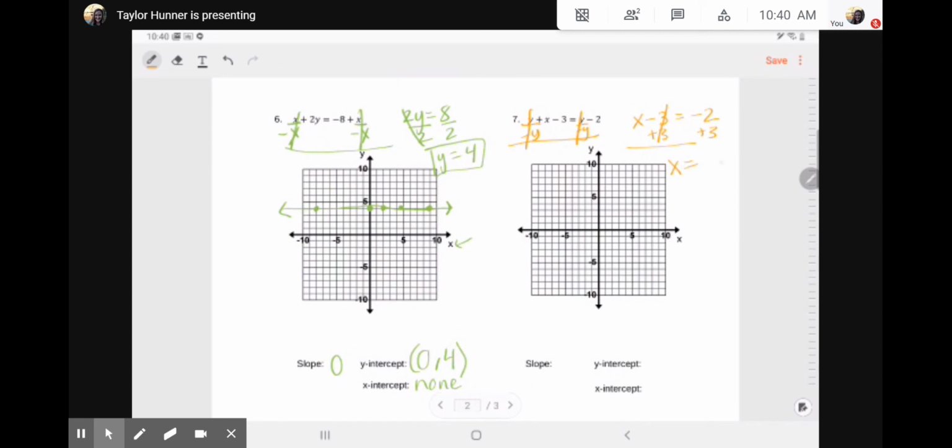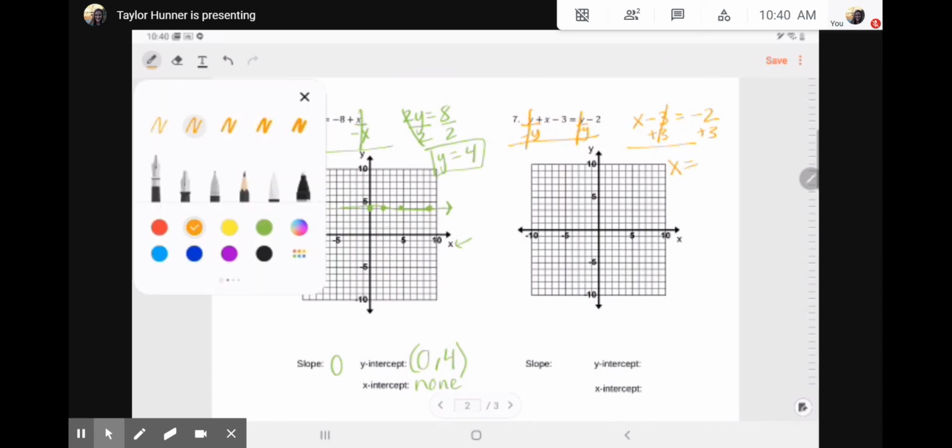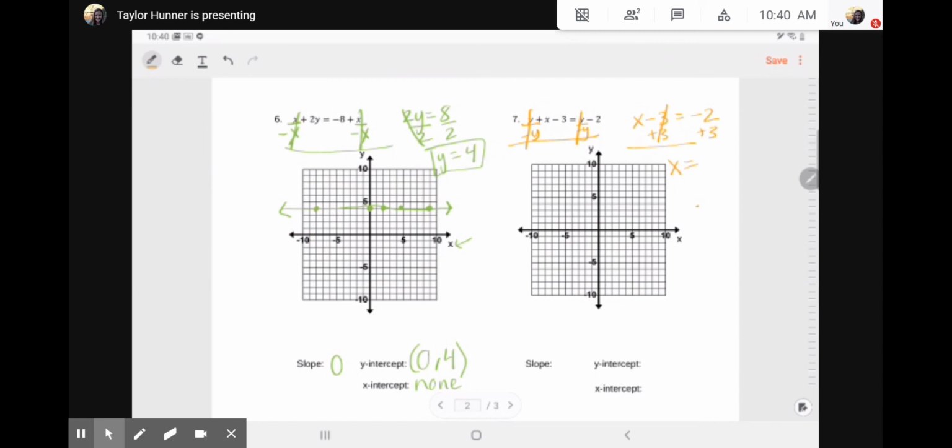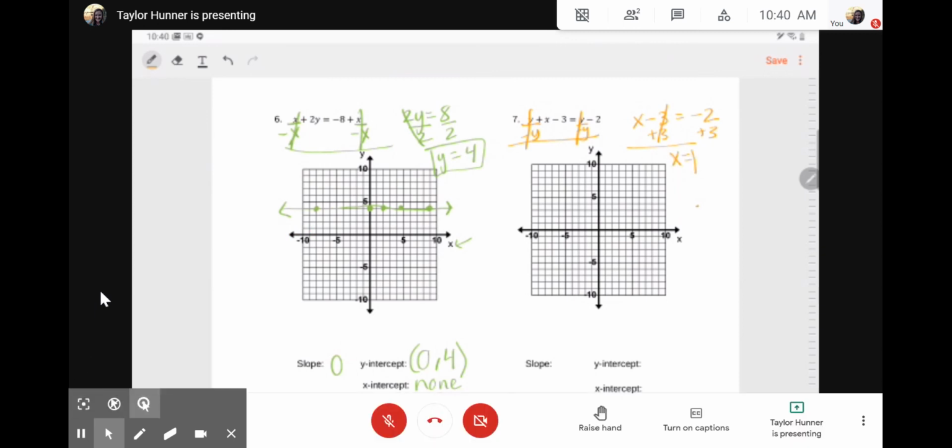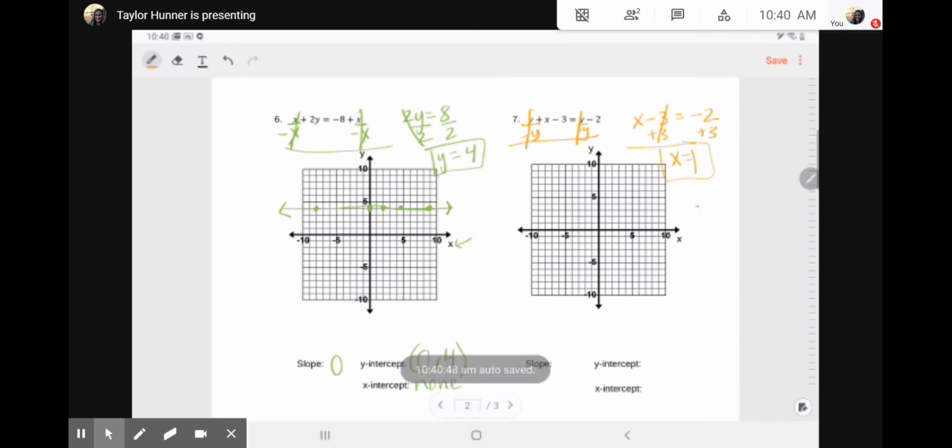Oop, why can't I write the 1? I don't know why I can't write that. There we go. Okay, so sometimes we can't actually get it in slope-intercept form because the y's will cancel. That's okay. If y equals 4 in number 6 was a horizontal line, x equals 1 is going to be a vertical line.